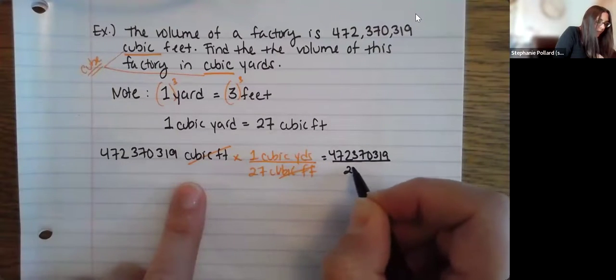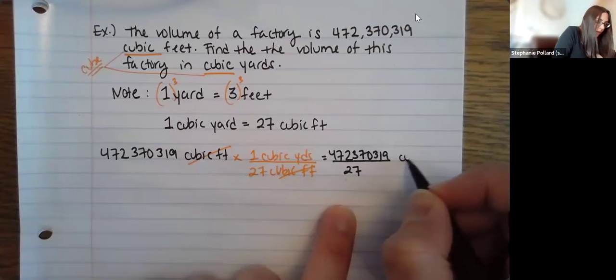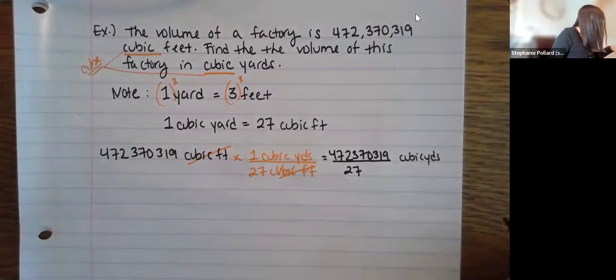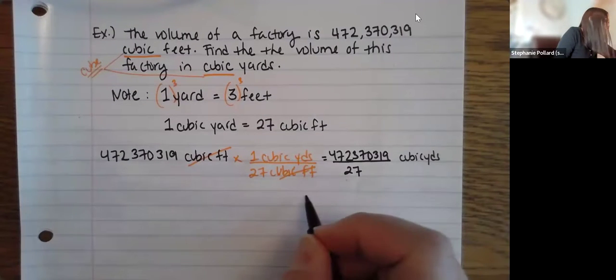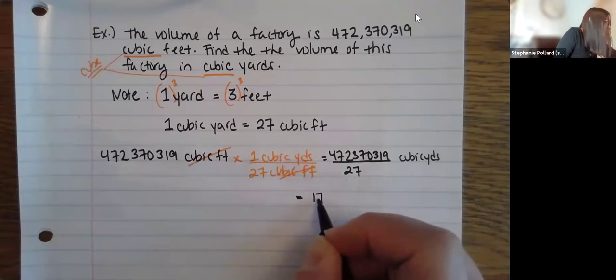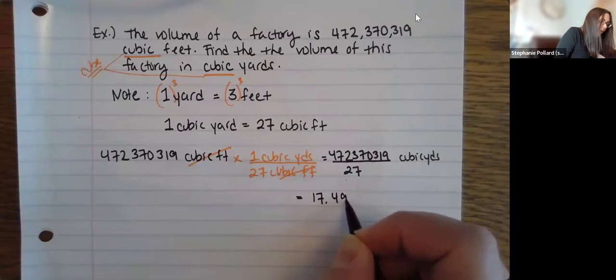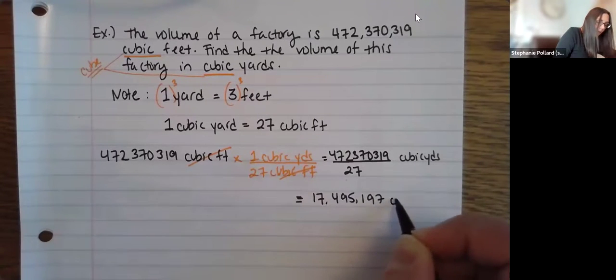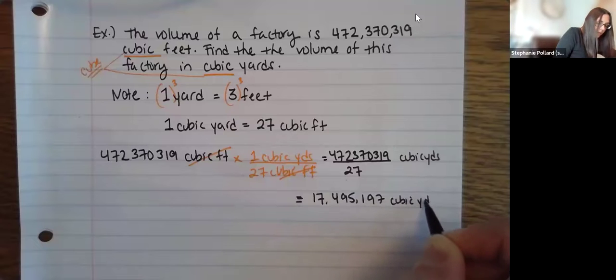But then I'm going to have to divide that by 27. And the units left now are just cubic yards. Let's see, when I divide that by 27, I get 17,495,197 cubic yards.